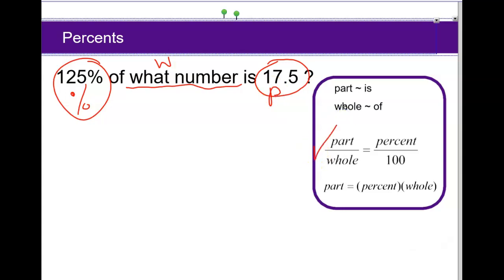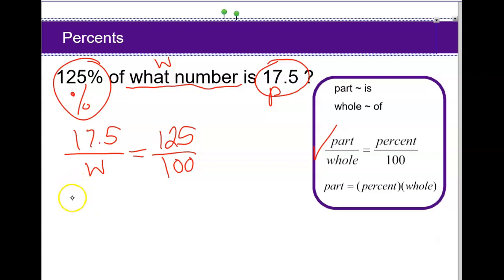So let me use the proportion so you can see how to solve it with that. Part over the whole, so 17.5 over what I don't know, that's my variable, is equal to the percent over 100. So I'm going to put 125 over 100. Notice I don't put a decimal in this percent because 125 over 100 represents 125%. So I'm going to solve this proportion by cross multiplying.